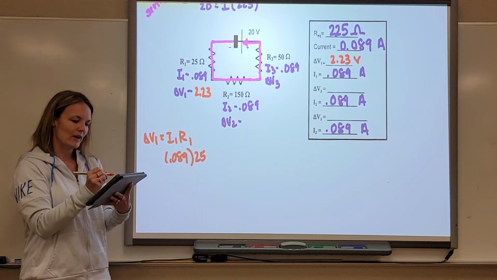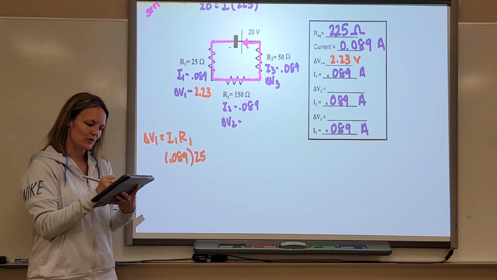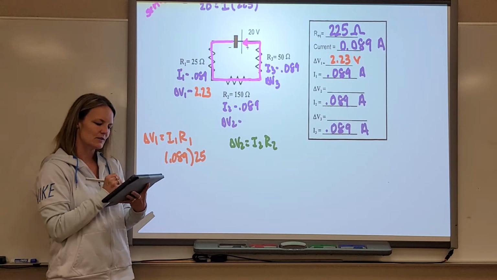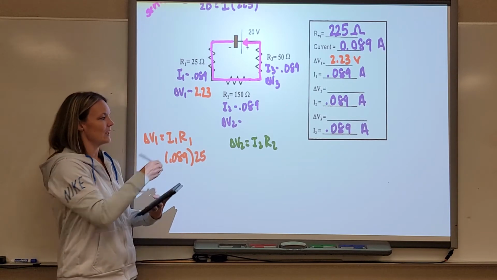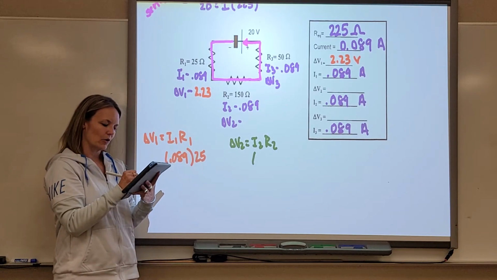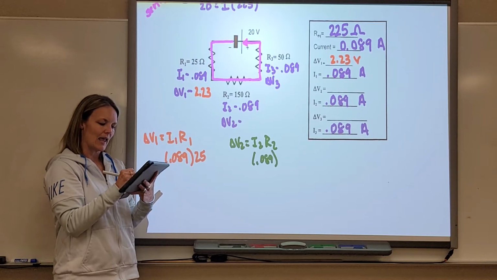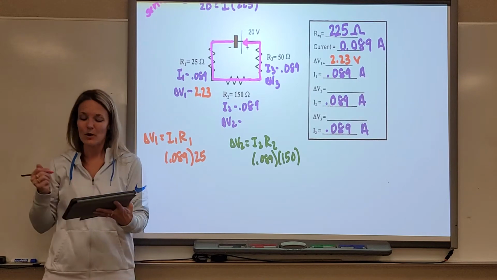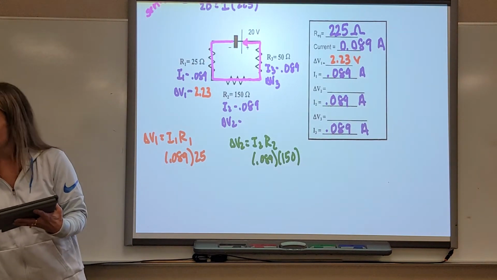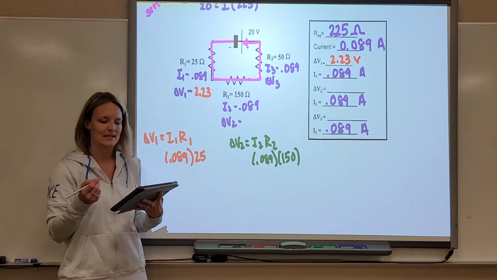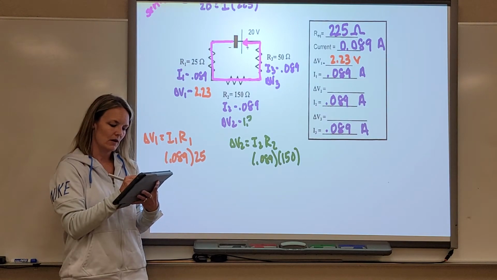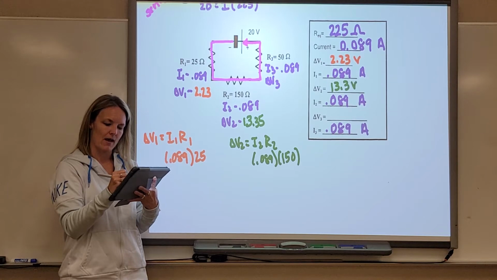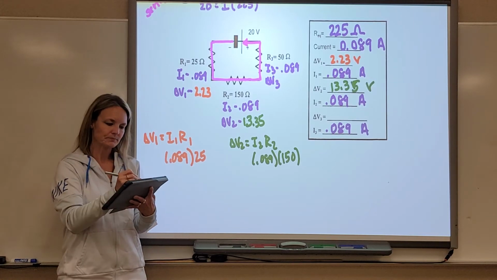Moving on to resistor 2, delta V2 equals I2 times R2. I'm solving for the voltage. I have the current, 0.089, and the resistance for resistor 2 is 150. When I multiply those, I end up with 13.35 volts.